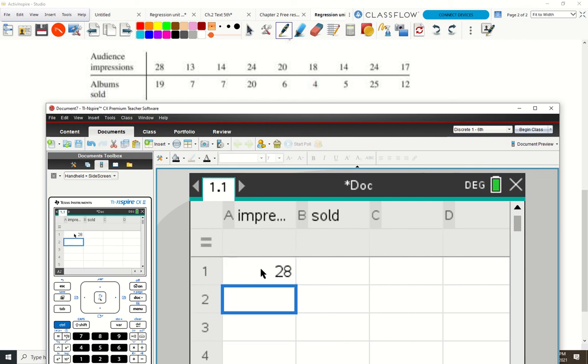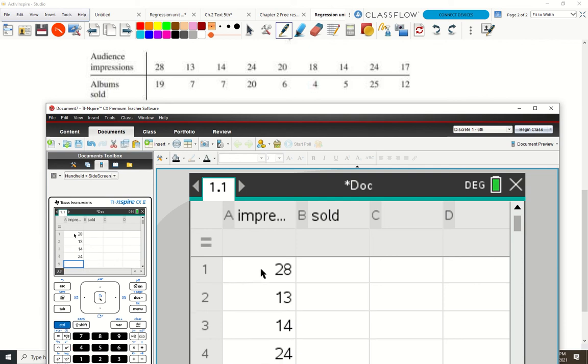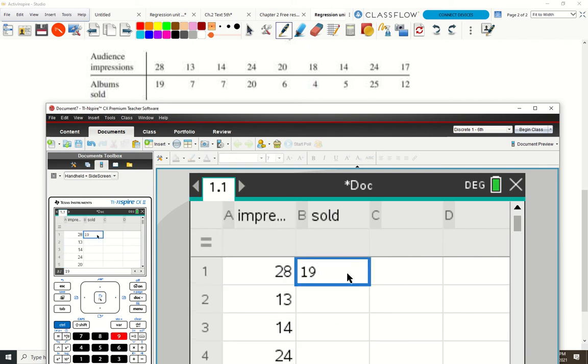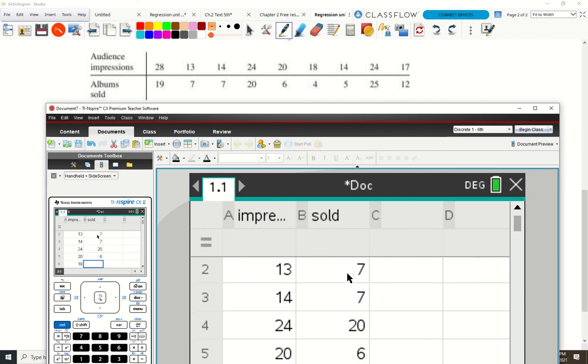So 28, 13, 14, 24, 20, 18, 14, 24, 17, 19, 7, 7, 20, 6, 4, 5, 25, and 12.